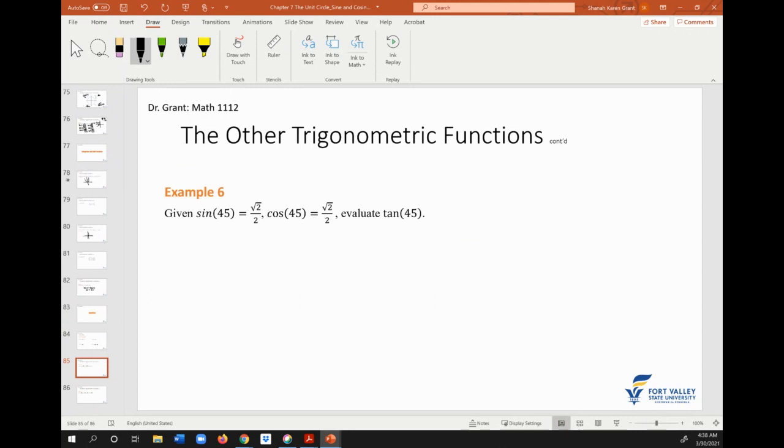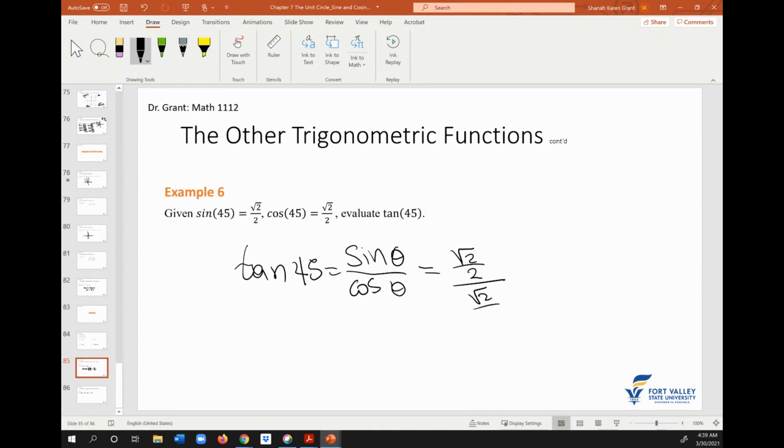Cosine of 45 is root 2 over 2. If we want to evaluate tan of 45, well, we have to utilize the fact that tan is sine theta over cosine theta. And so this is the same thing, which is just going to be 1.